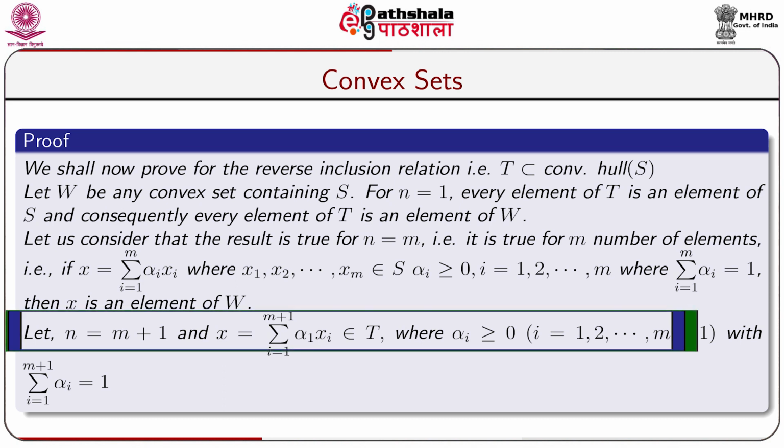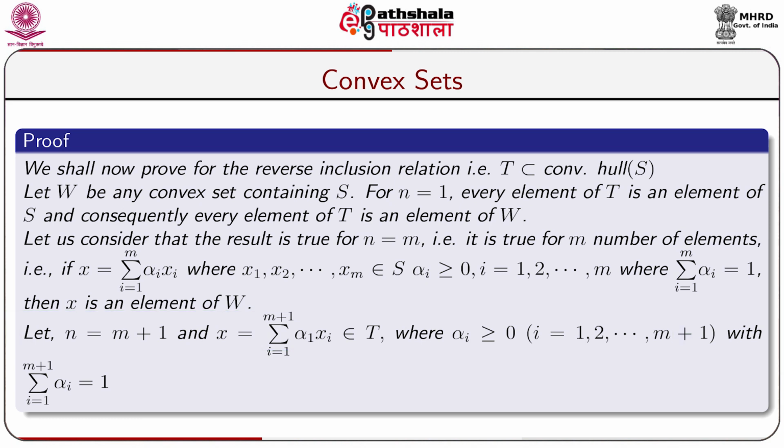Let n be equal to m plus 1 and x equal to sigma i equal to 1 to m plus 1 alpha i xi, which belongs to capital T, where alpha i greater than or equal to 0 and i equal to 1 up to m plus 1, with sigma i equal to 1 to m plus 1 alpha i equal to 1.